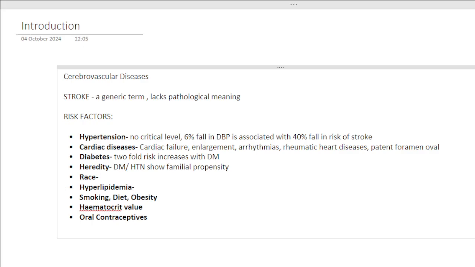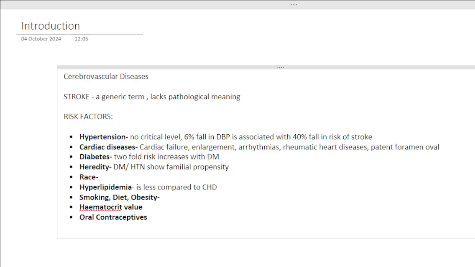Basically familial hyperlipidemia, we say that factor, but this risk factor is less compared to coronary heart diseases. It is there but not a very big factor over here.